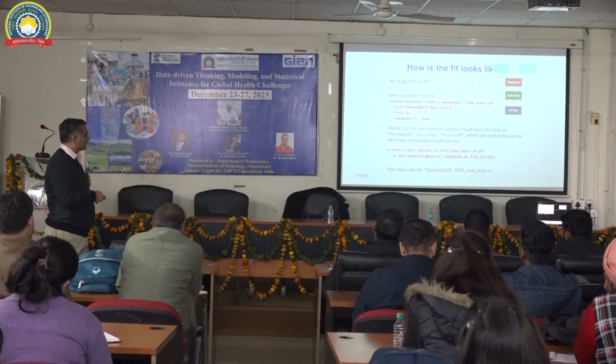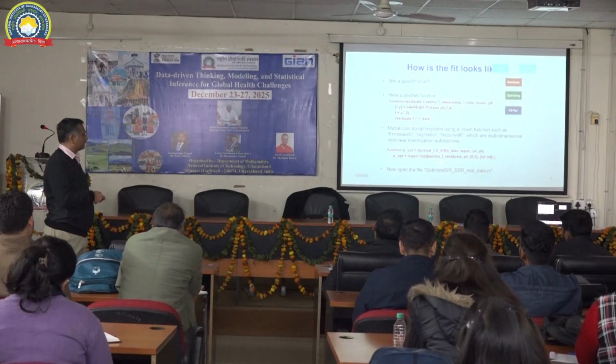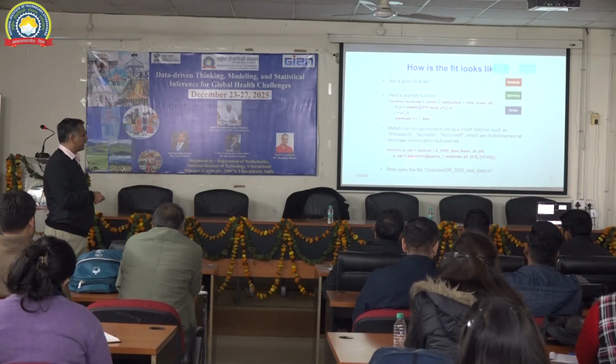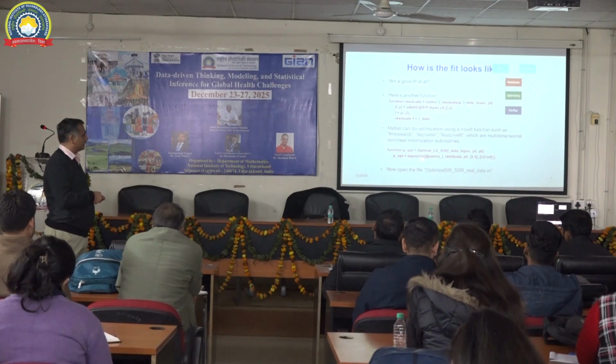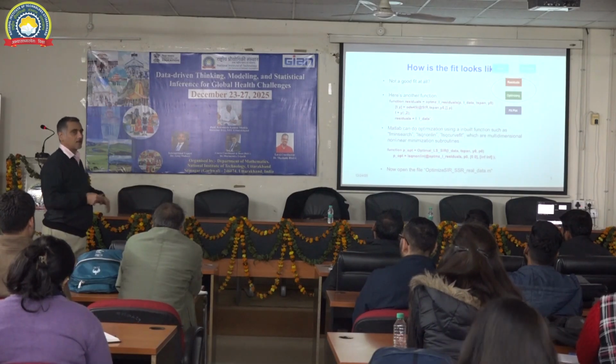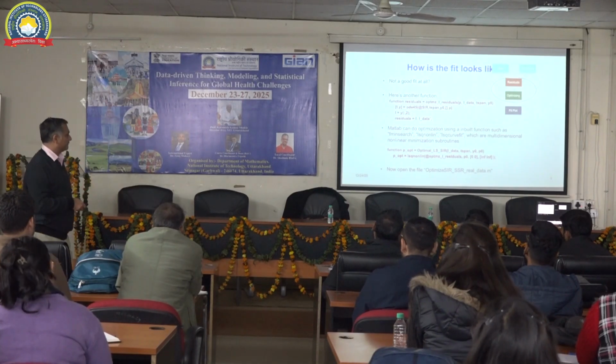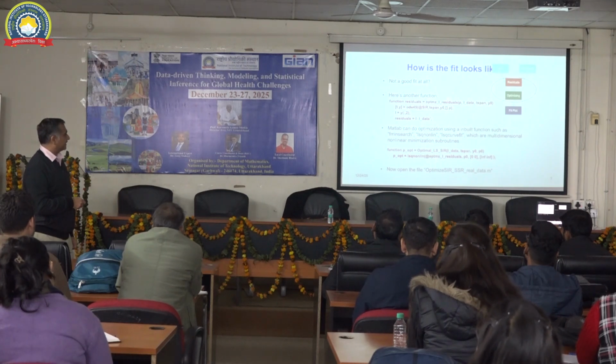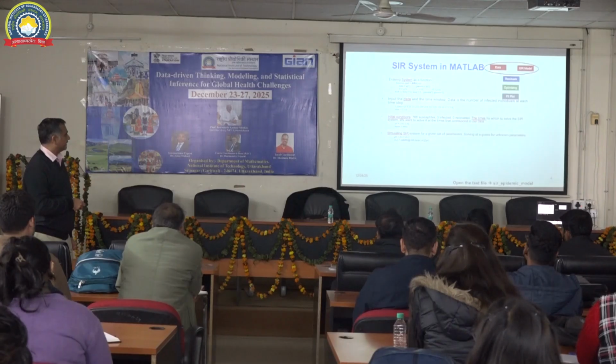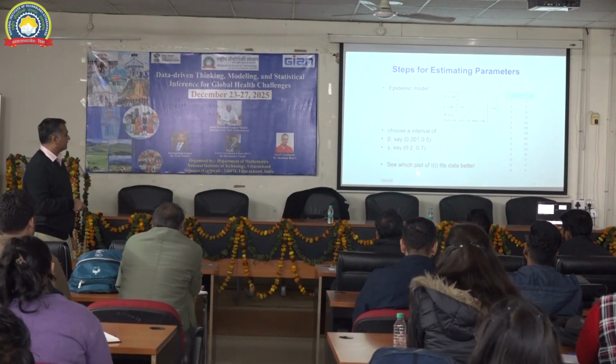Now there is another function which is called lsqnonlin, an inbuilt function in MATLAB which is optimizing. Basically what it does is it takes this function and runs it for different beta in this range.